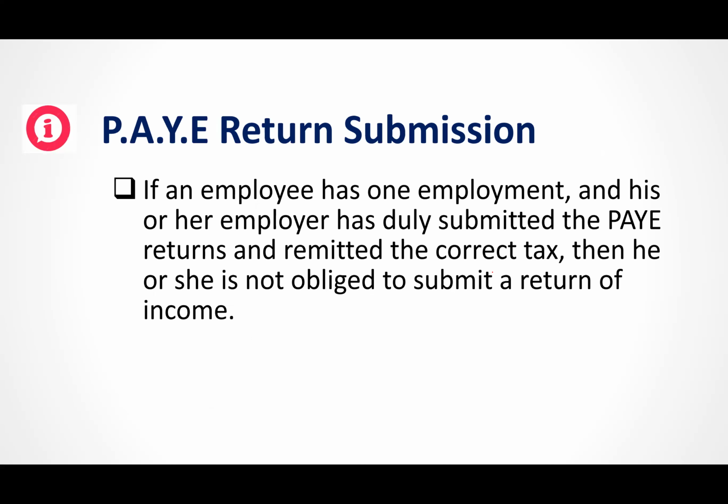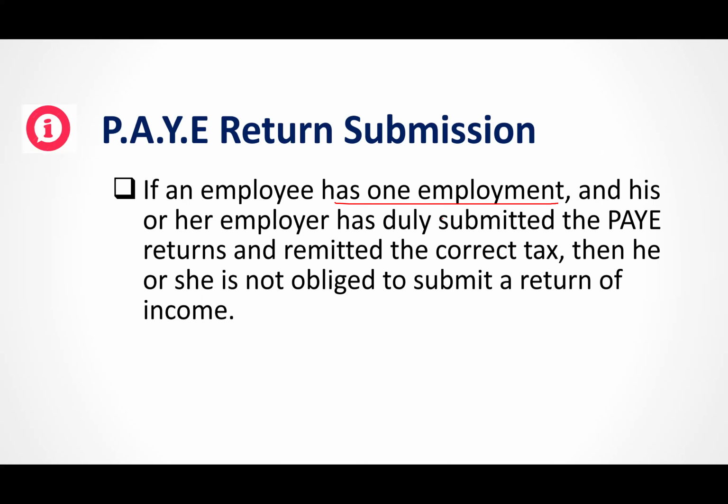If an employee has one employment and his or her employer has duly submitted the pay returns, one employment, you see that? One employment, not multiple. We are going to see the multiple case.